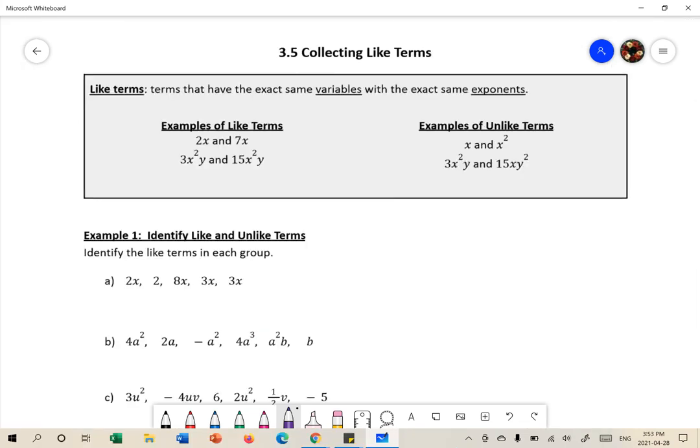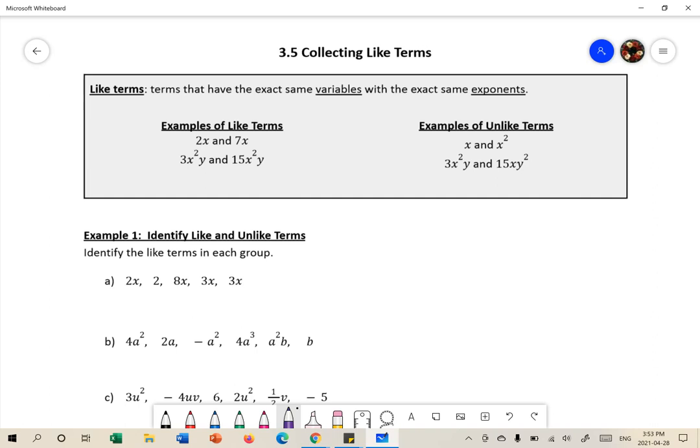Chapter 3.5, collecting like terms. Like terms are terms that have the exact same variables and exponents. So examples of like terms are 2x and 7x. They both contain variable x.